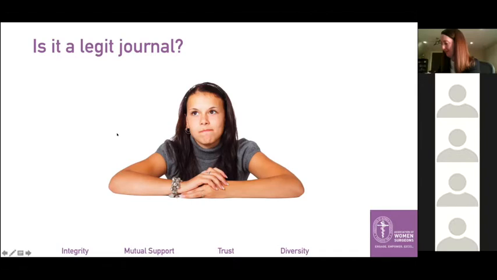Obviously, the people speaking today are all on the editorial boards and are editors-in-chief of legitimate journals. And there are legitimate journals around the world. It's not just journals that originate in the United States, but it's important to make sure that, if you're going to put in time to do a good review, the journal you're reviewing for is not a predatory journal.